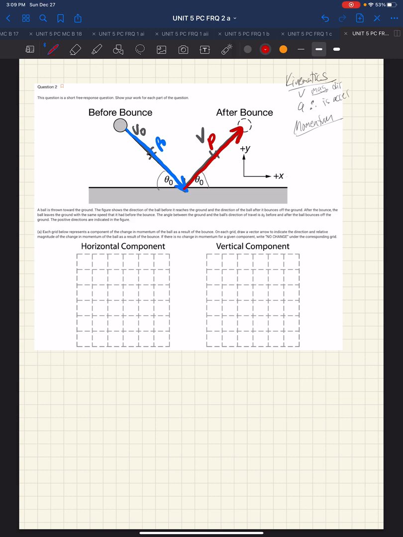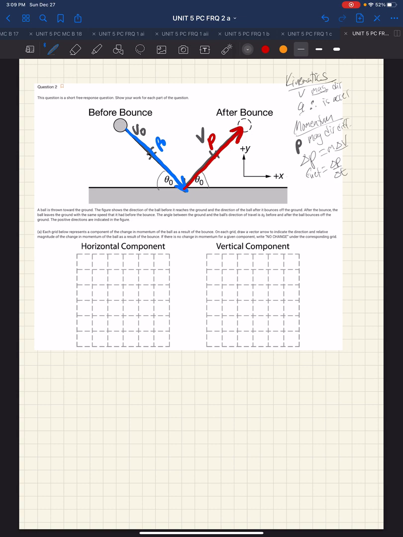If the speeds are the same, that means the momentum would be the same in magnitude. So the magnitudes would be equal, but the direction is different. So that means there is a delta P, which is going to be related to m delta v. And if there's a delta v, we know there's an acceleration, and if there is an observed acceleration, there's a net force. And F net is defined as the rate of change of momentum, delta P over delta T. So there's a number of things that we see there.